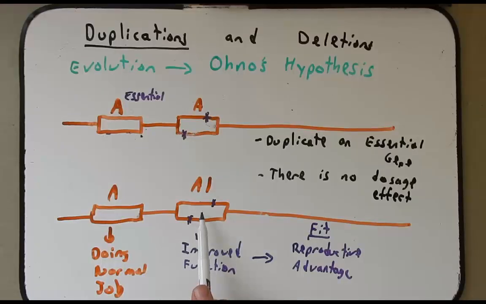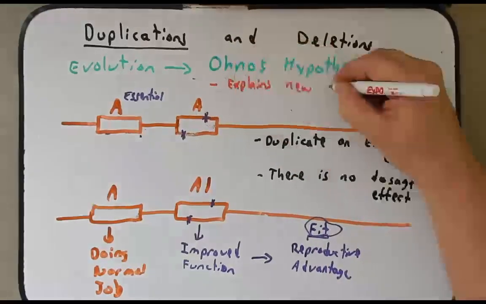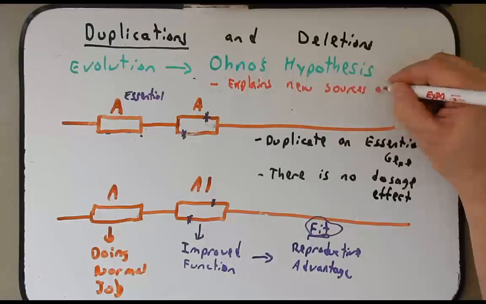And so organisms that have this new gene continue to be more fit than the others, and they continue to pass those genes on. In class, we will work on some activities that talk about some real examples in human evolution where this has happened. But what I want you to know now is that Ohno's Hypothesis explains new sources of genes.